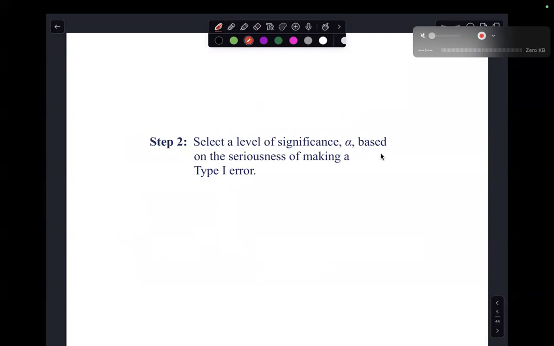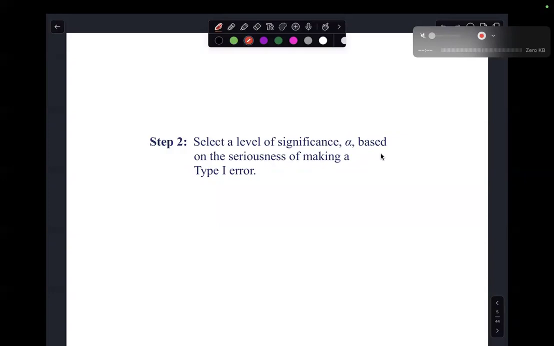So your level of significance is whatever I give you, and it's based on the probability or the seriousness. They don't use it as the probability of making a type 1 error. They say the seriousness. How serious is it? How devastating is it going to be if I make a type 1 error? Are bad things going to happen? And so you need to change your level of significance based on that.